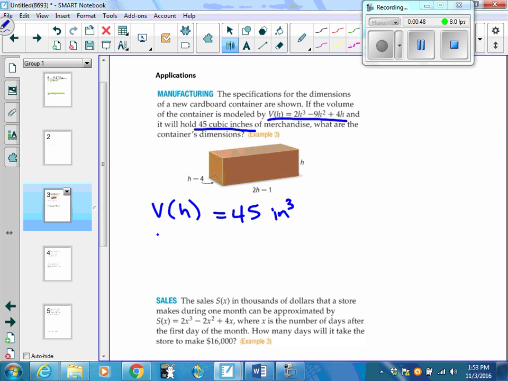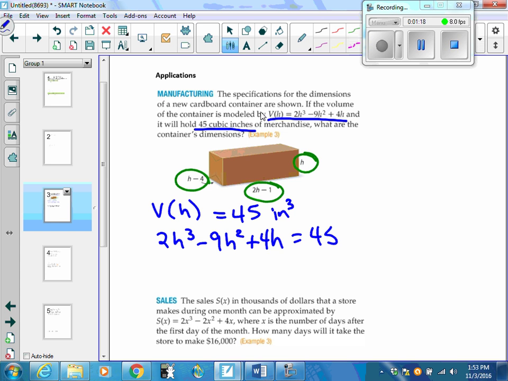So that means that we could set up an equation that says 2h cubed minus 9h squared plus 4h equals 45. And so what I want to do is find out what h is, because they actually give me the dimensions of the box. The dimensions, at least as an expression, are h minus 4, 2h minus 1, and h.